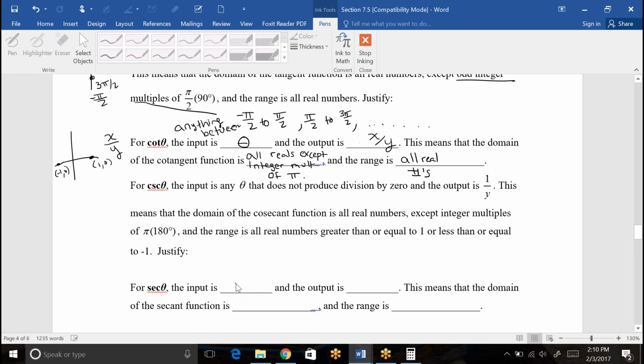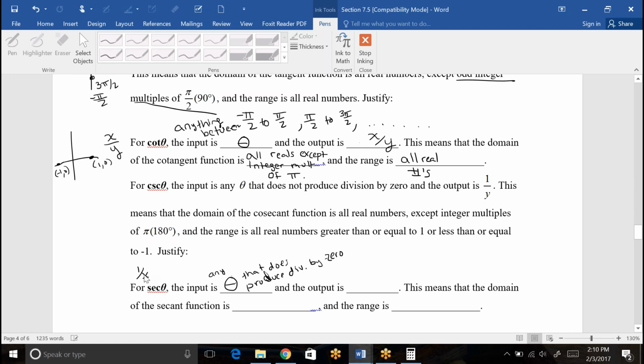So secant, the input is any theta that does not produce division by 0. Because remember, secant is 1 over cosine, so that's 1 over x.